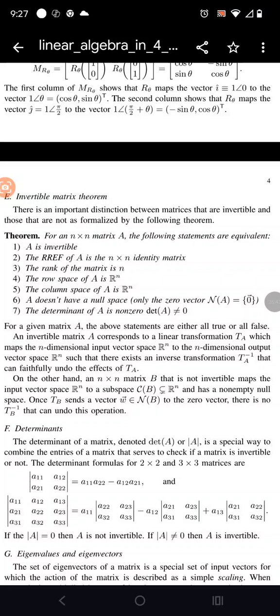On the other hand, an n by n matrix B that is not invertible maps the input vector space R power n to a subspace C_B which is a proper subset of R power n and has a non-empty null space. Once T_B sends a vector w to the 0 vector, there is no T_B inverse that can undo this operation.